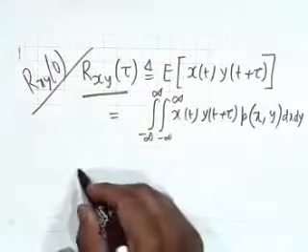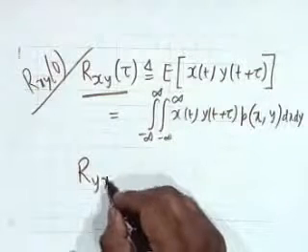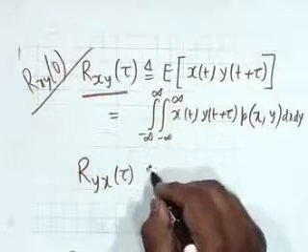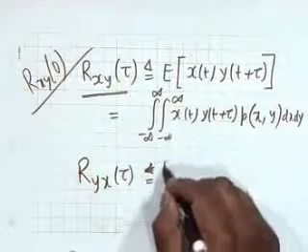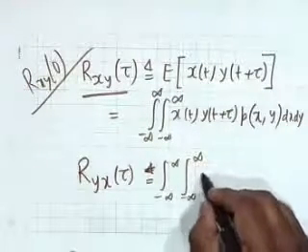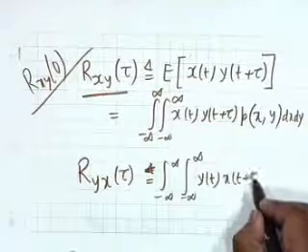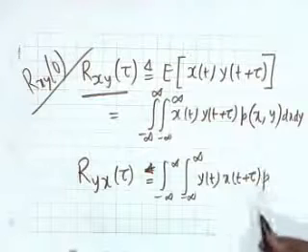Obviously now, if I interchange x and y, that is Ryx(tau), let's see what the definition is. This would be the integral from minus infinity to infinity of y of t, x of t plus tau, p.